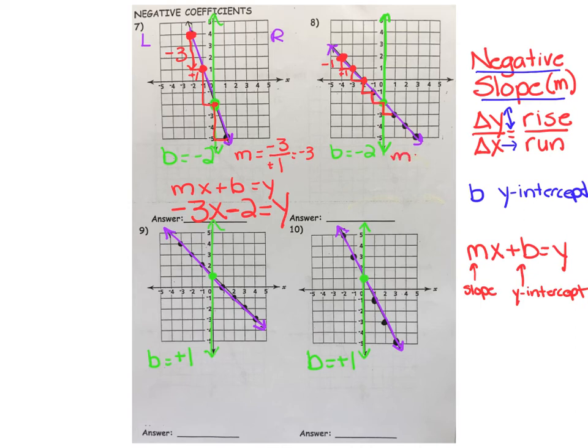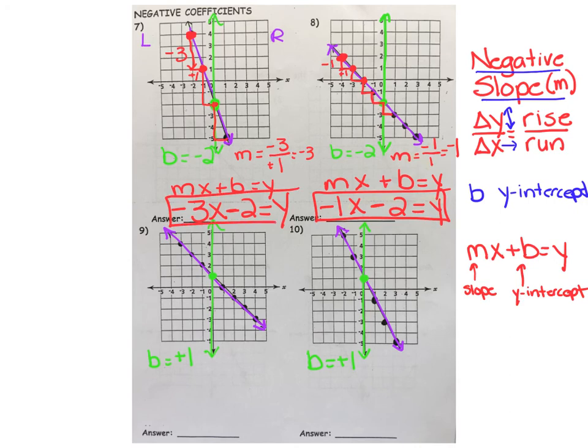So our slope here is -1 over 1. -1 divided by 1 is -1. So, as we write an equation for this particular line, we would write -1, that's our slope, times x minus 2, that's our intercept, equals y.